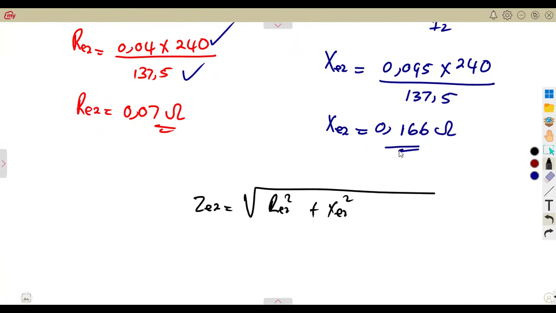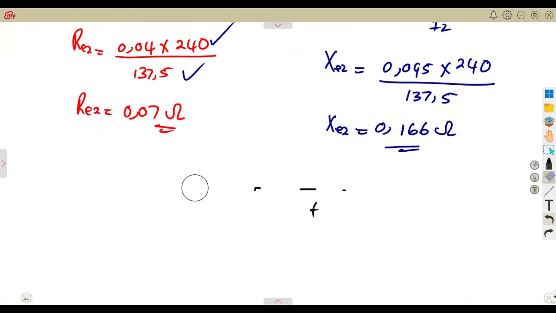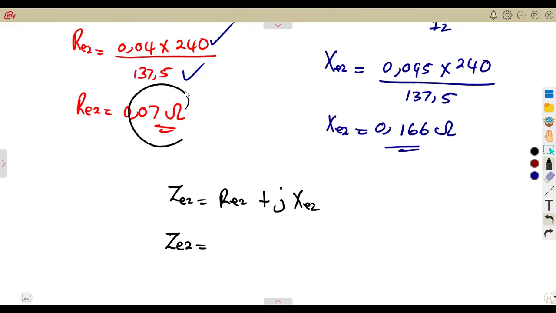But guys, in whatever calculation you have, that angle might be needed, so it'll be best to have this in j notation, then convert to polar form. In j notation, the equivalent impedance is RE2 plus jXE2, as referred to the secondary side. Our RE2 is 0.07 plus our jXE2, which is 0.166.